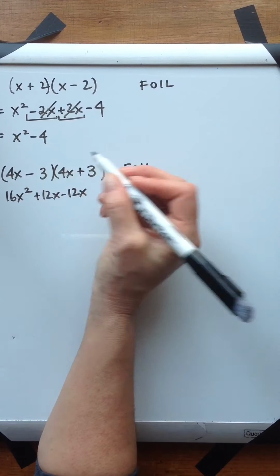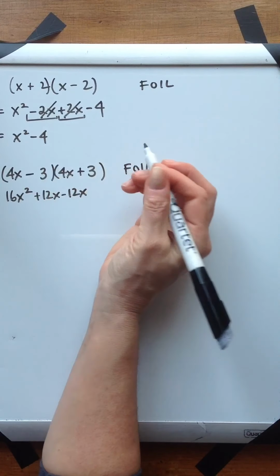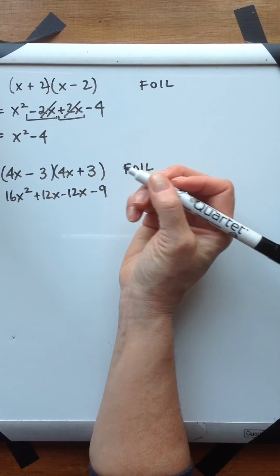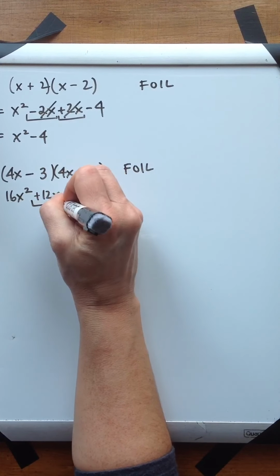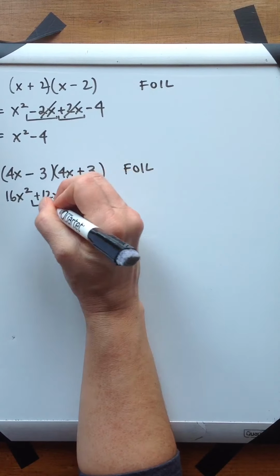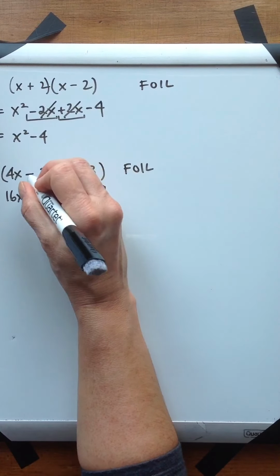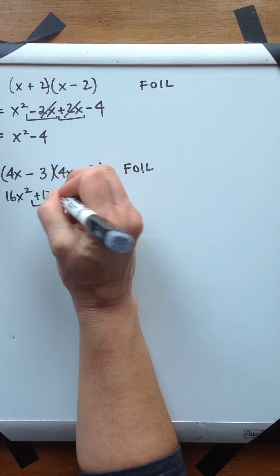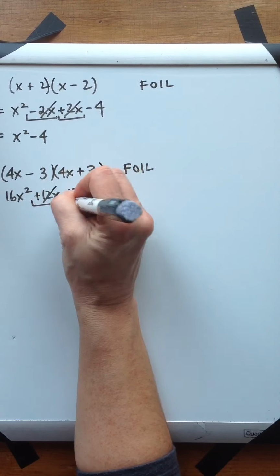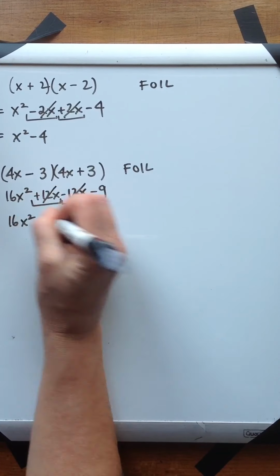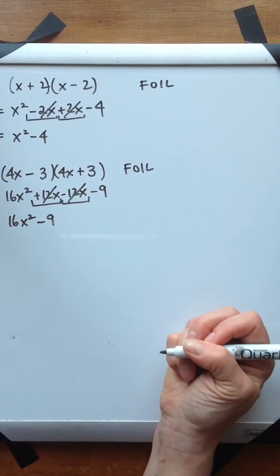And our lasts, when we look at the signs and their values, give us negative 9. And again, I notice the same thing evolve: the outside and the inside products end up being opposites of each other because the signs are opposite in the two binomials. So they cancel each other out, and I'm left with 16x squared minus 9.